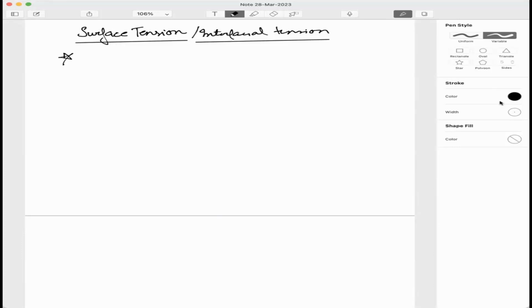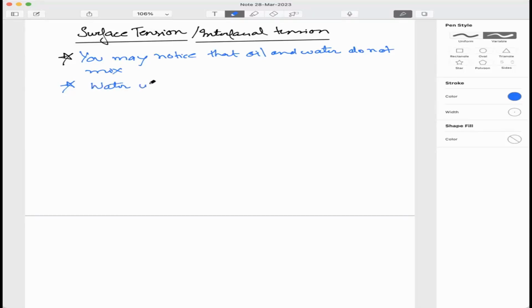So you may notice that oil and water do not mix. I am just giving some examples to get a feel of surface tension. Water wets us, but not the ice.